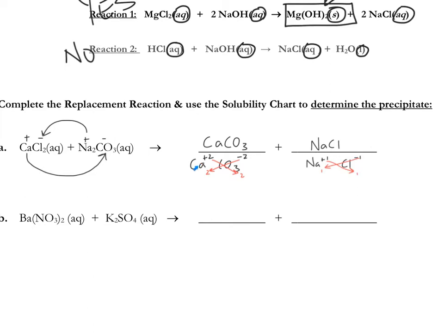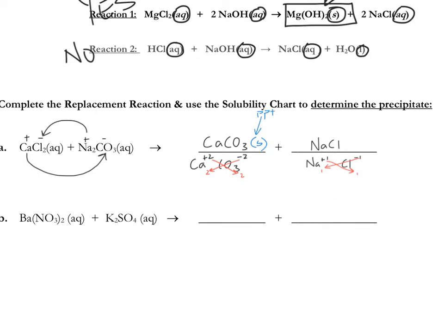Well, calcium is close to group 1, but it's actually in group 2, so it's an alkaline earth metal. It's not an alkali metal. So this compound is insoluble, which means it is going to form a solid, which means this is my precipitate.